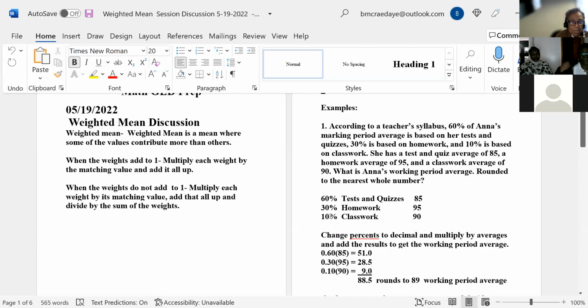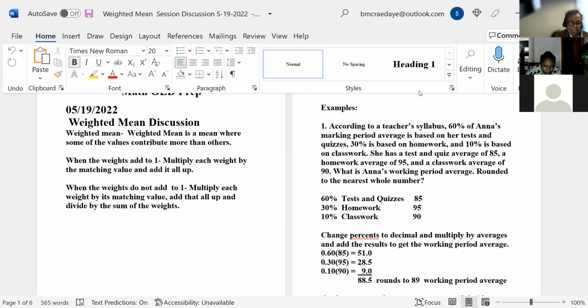To calculate weighted mean, you take the weight, and most of the time it's given in a percent. It could be a number. You change the percent to a decimal and multiply it by the actual averages. That's 60% of 85, 30% of 95, 10% of 90.